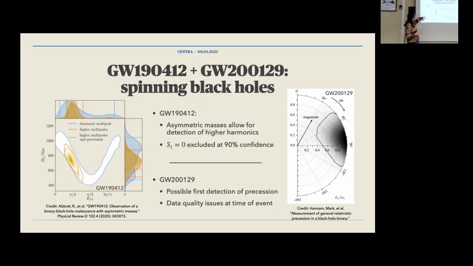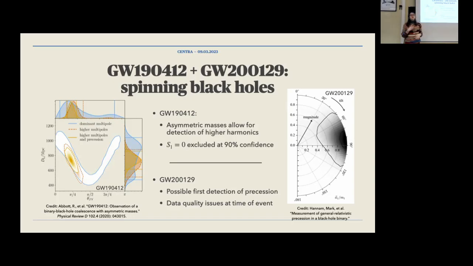You can see particularly from this plot that if we consider a gravitational wave signal model that just contains the dominant multipole, so it only contains the quadrupole and doesn't allow the system to have any spin on the black hole, then we have very uncertain measurements of, say, the inclination and the distance to the binary.